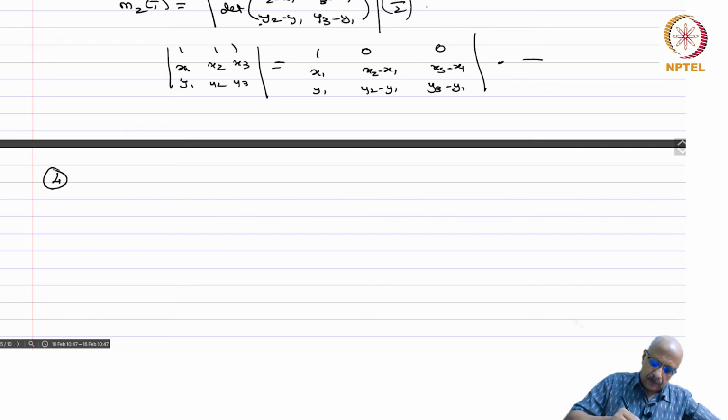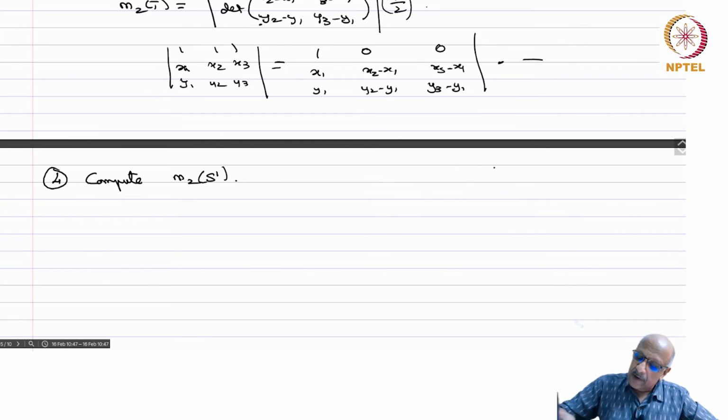Now compute M2 of S1. So you have S1, the unit circle, and we want to compute its Lebesgue measure in this.